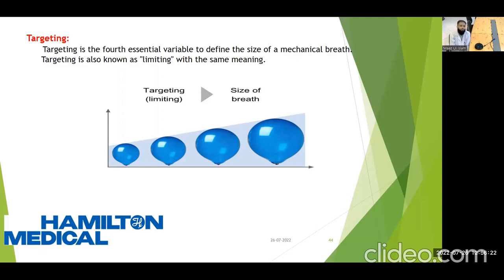So targeting is the fourth essential variable, and it defines the size of the inspiratory phase, the size of the mechanical breath. Targeting is also known as limiting, with the same meaning. So targeting, limiting, and the size of breath.